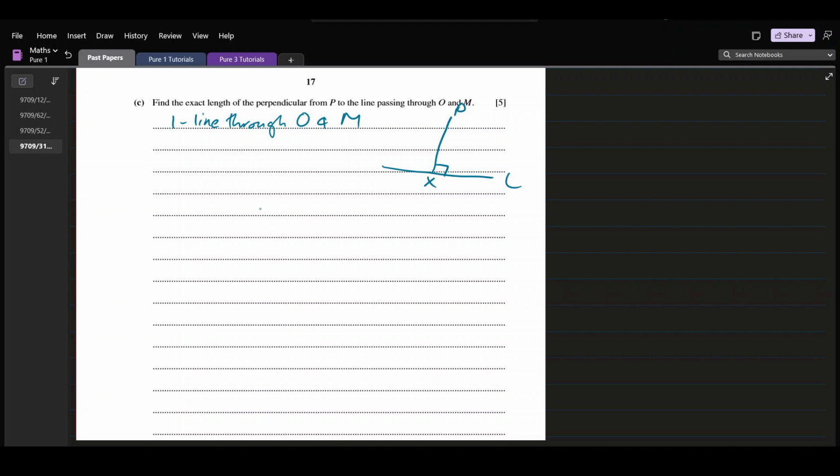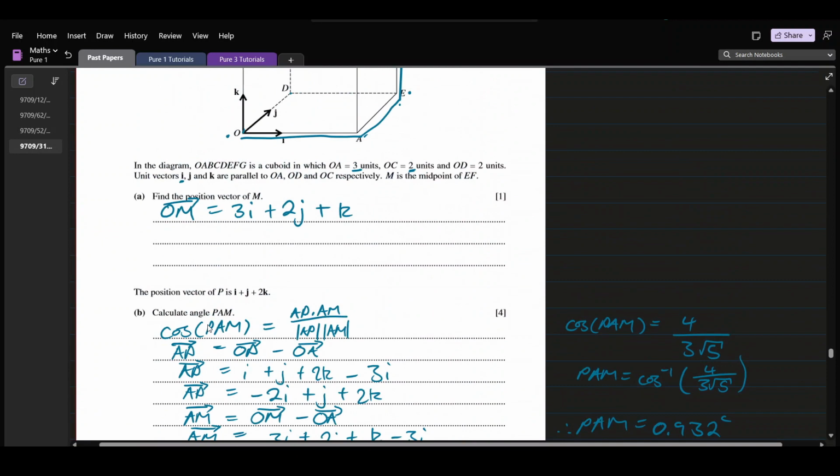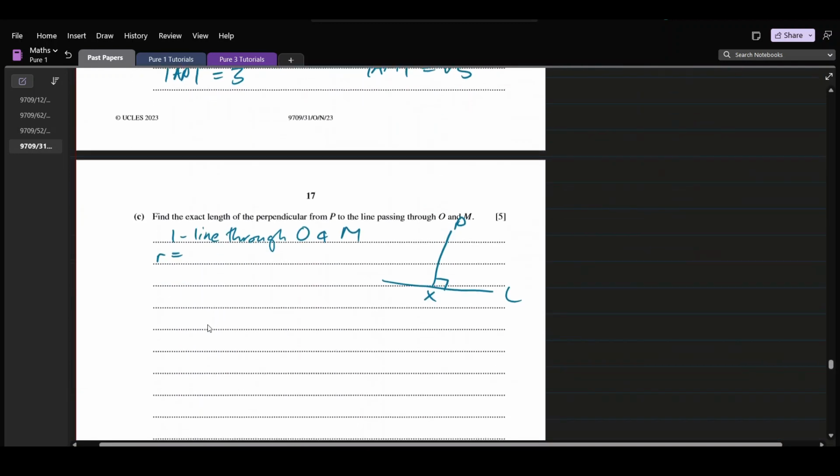Now we need to find the equation of line L. We can say that r is equal to a point on the line, so we can use the position vector OM from part A, 3i plus 2j plus k.